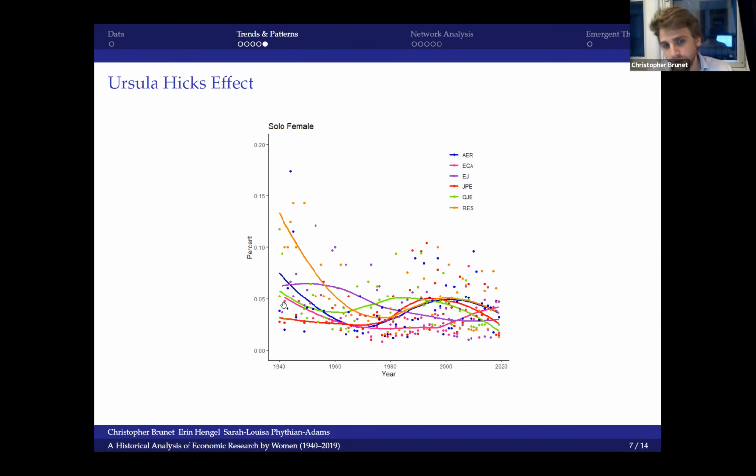But what we found interesting was what, in our paper, we call the Ursula Hicks effect, because she was the first female editor of a major economics journal. We don't want to say that she directly caused double or triple the amount of female authors in that journal during that time, but that is what we see in the data.